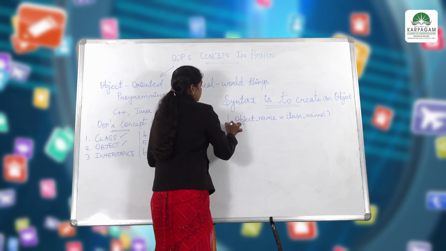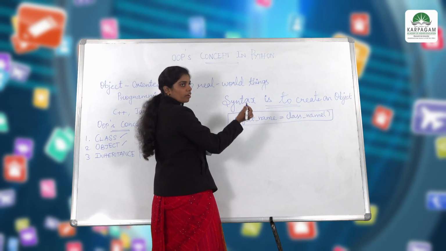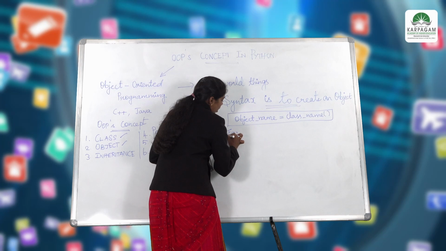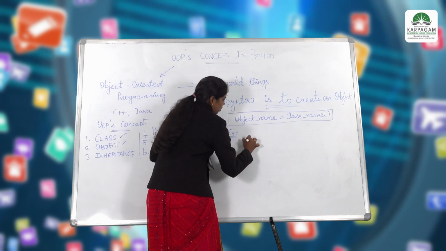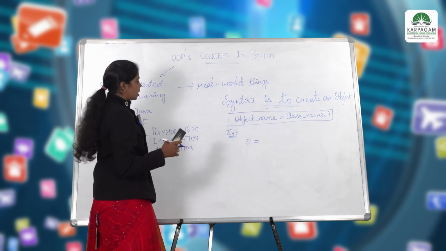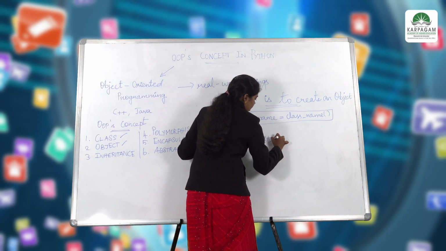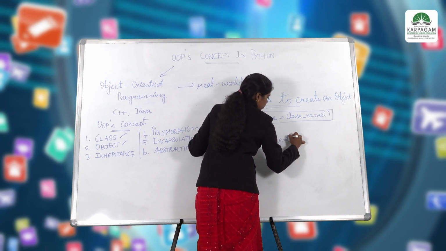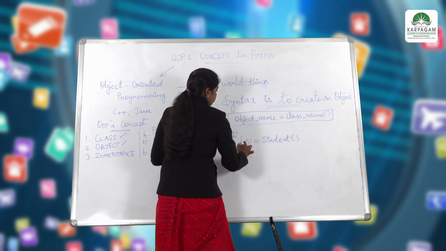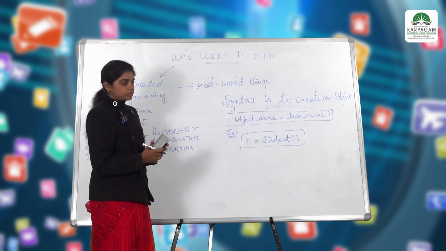So, this is the syntax by which we can create an object for our class. For example, if I am creating an object S1 for the class named student, we will give the name as student. So, we can access the student class. Clear? Okay.